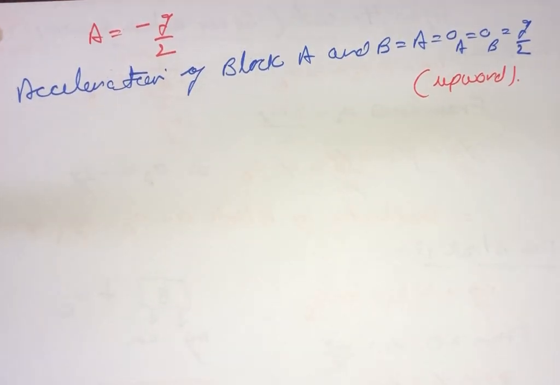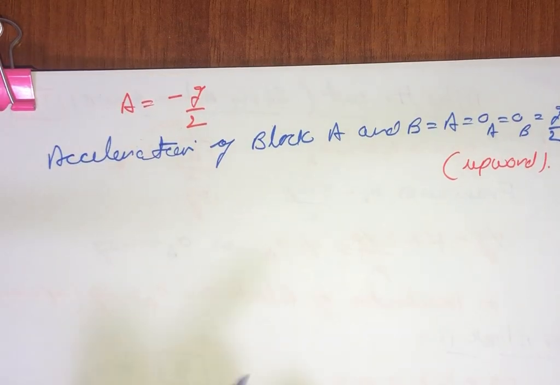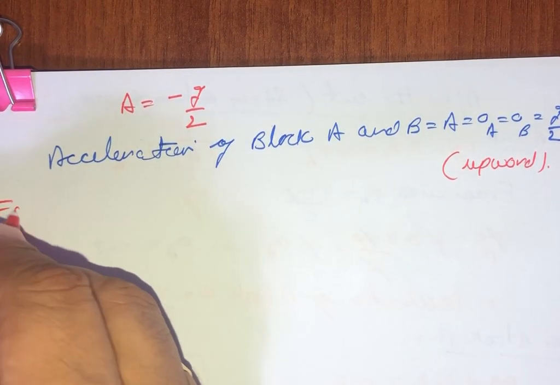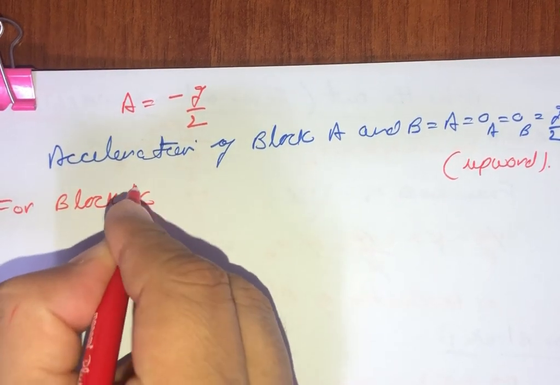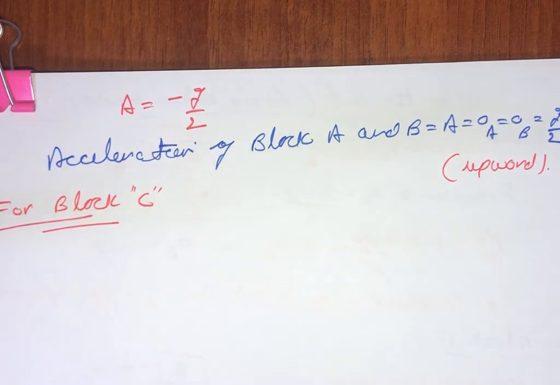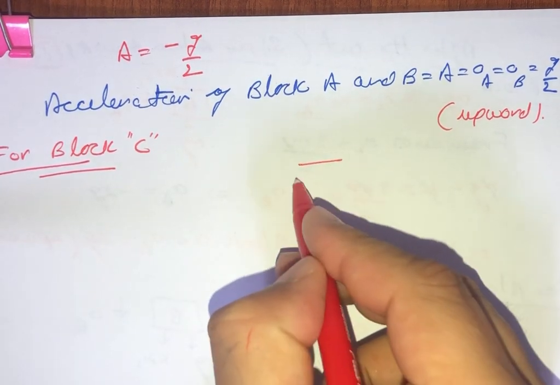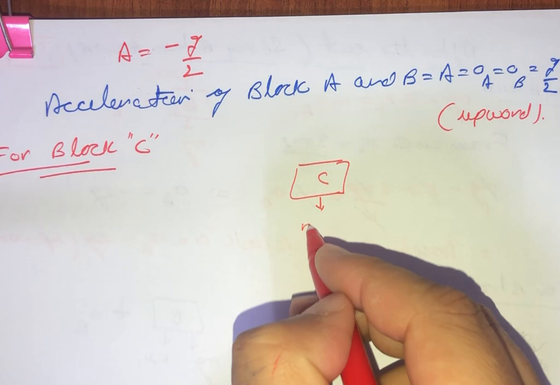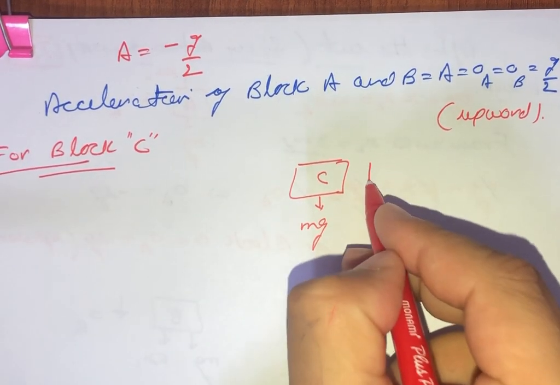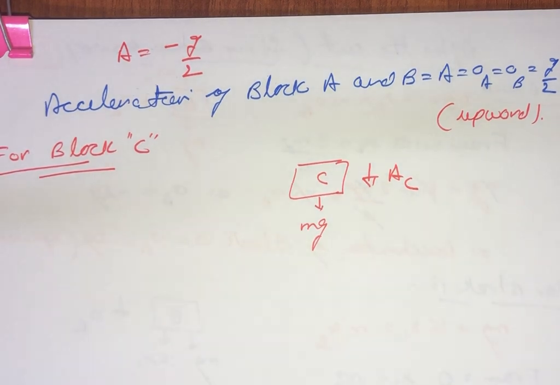Next is for block C. So for block C, this is C, there will be mg in the downward direction, and we have acceleration AC in the downward direction.